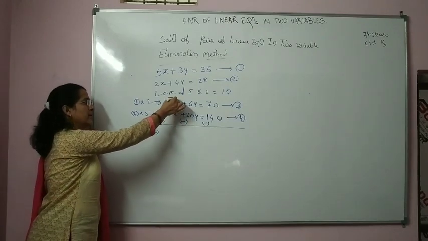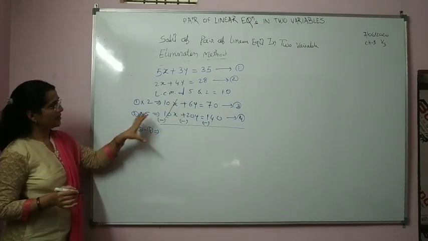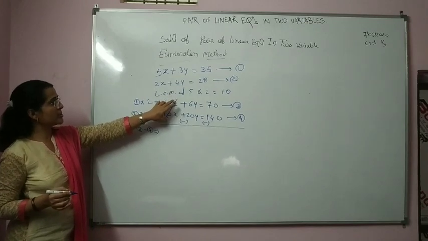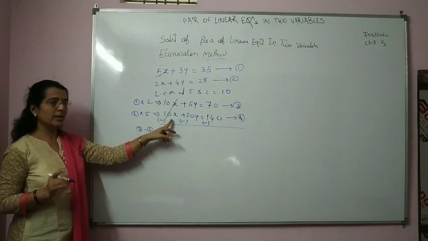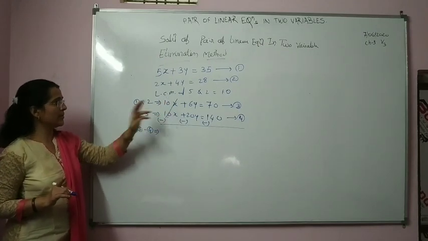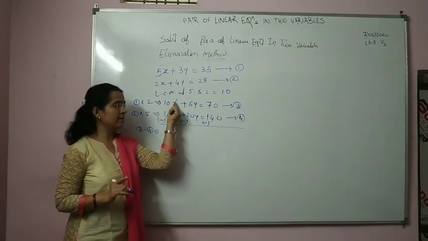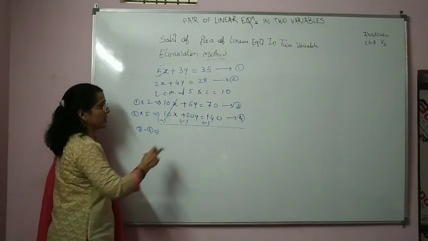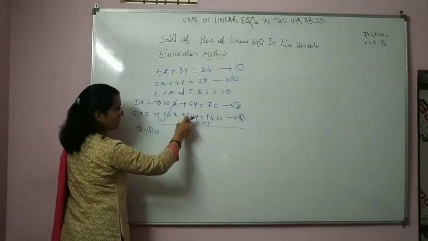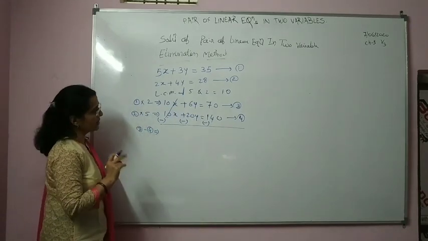Then what will happen? Here the variable x is eliminated. That's why this method is called the elimination method: to eliminate any one of the variables, either x or y. After eliminating the x variable, you will get a linear equation in one variable only. 6y minus 20y: one term is positive, the other is negative.